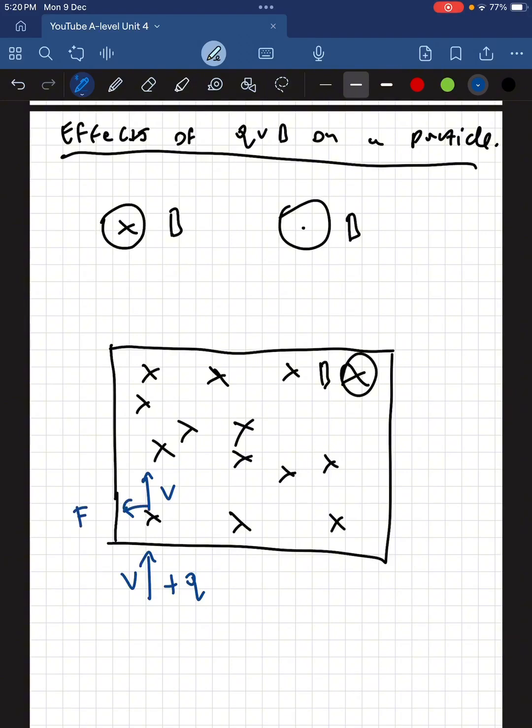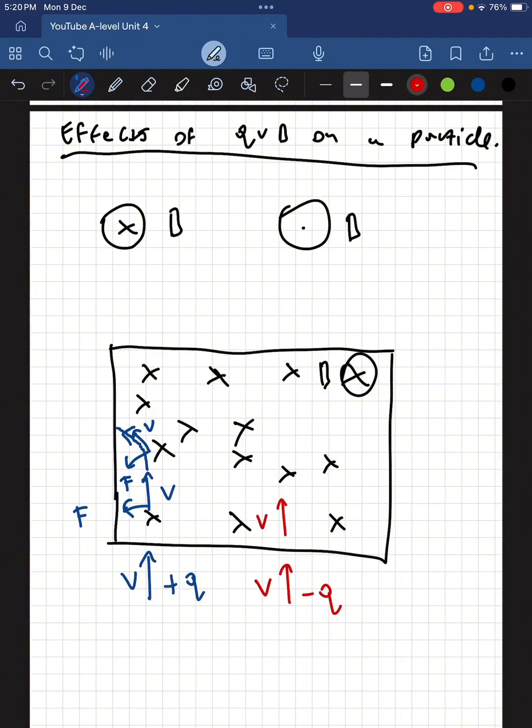And notice that the force is perpendicular to the velocity. So what is this force going to do? It's going to start bending the particle outwards. Again, the velocity is V, and F is perpendicular to the velocity. Now let us see what's going to happen to a negatively charged particle, minus Q, traveling with velocity V into this space where the magnetic field is into the page.